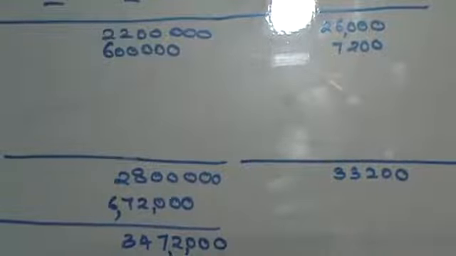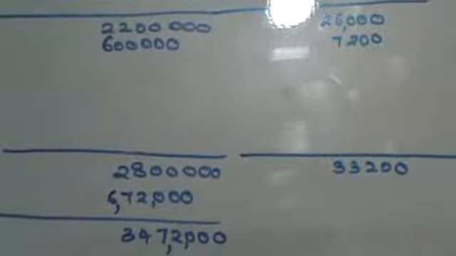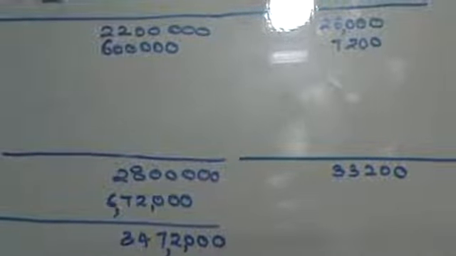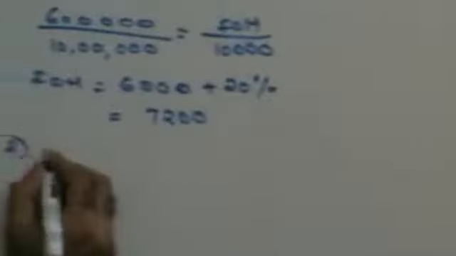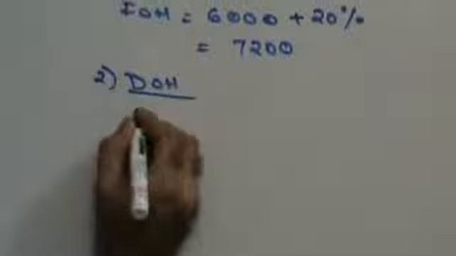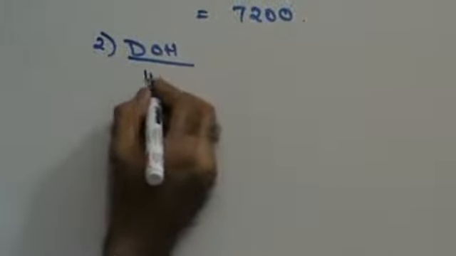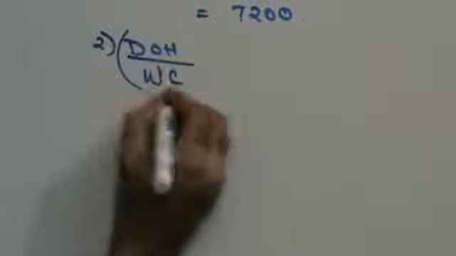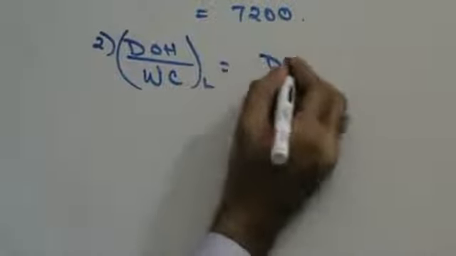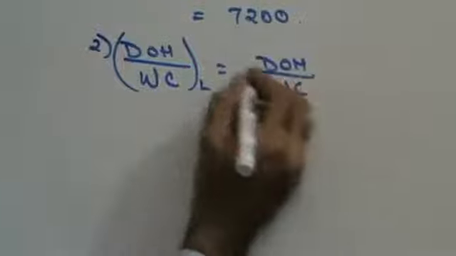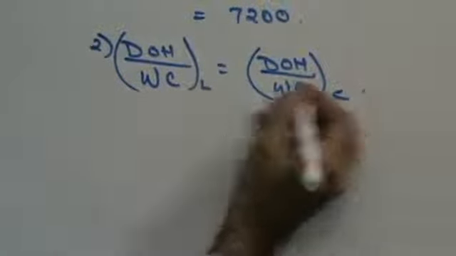They give you that we've already got the work cost. Factory overheads is this much. Distribution overheads have gone down by 10%. So let's calculate distribution overheads. All other expenses are calculated as a percentage of work cost. So distribution overheads upon work cost of last year should give you distribution overheads upon work cost of current year for proportionate increase.